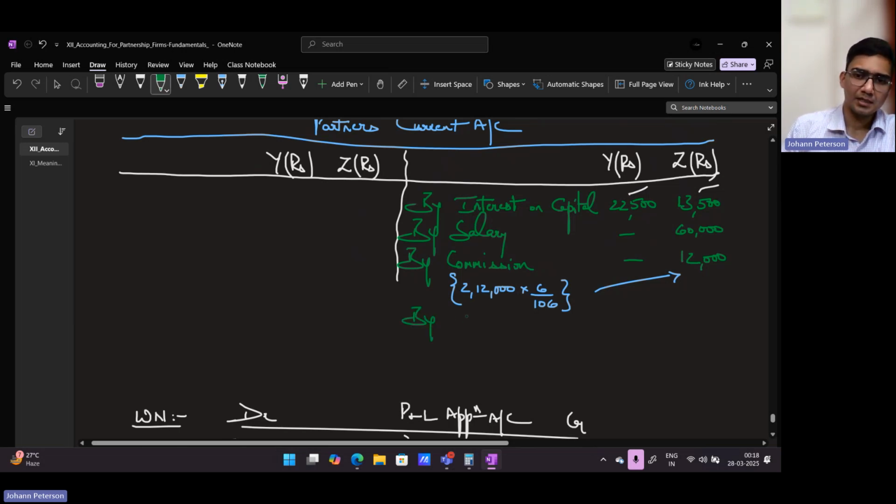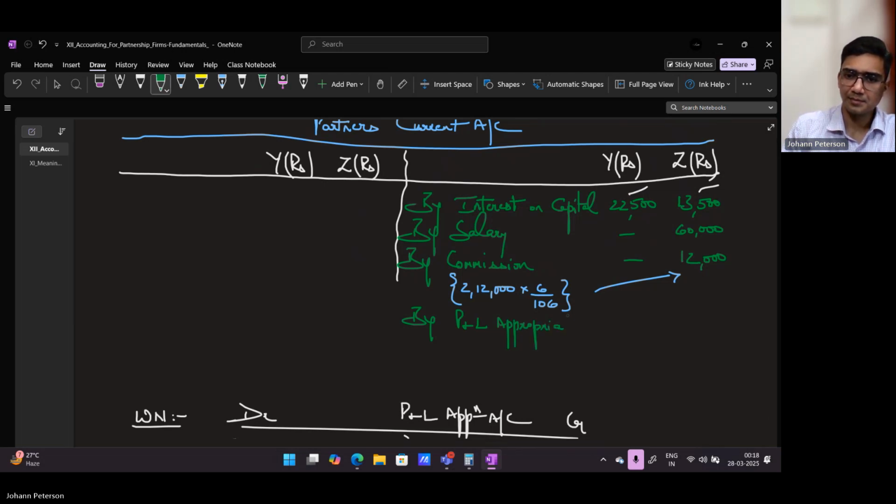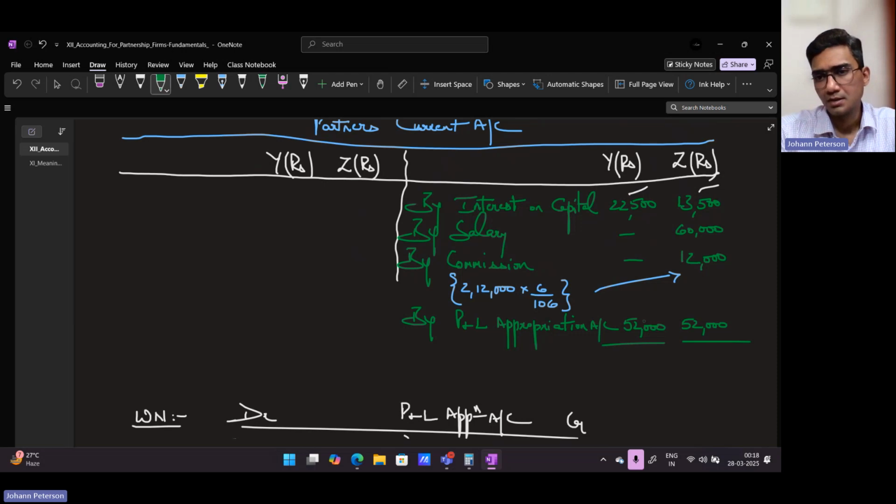So by profit and loss appropriation account, here it is 52,000 and 52,000. Now let's total this. Let's see how much we get. 52 plus 22 makes 74,500. So here we will write 74,500.